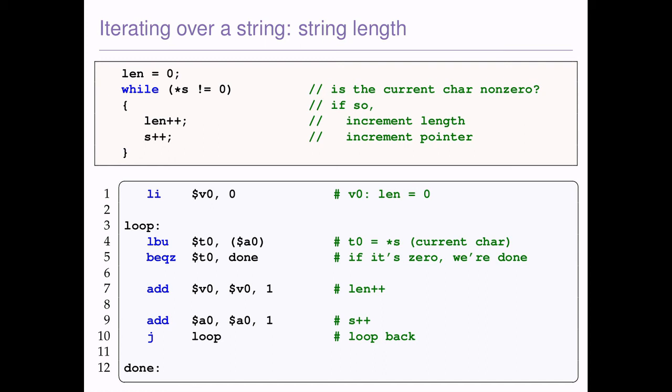That's saying take the value from the address, load it into t0, and then we can say branch if it's equal to 0, because if it's equal to 0 we've reached the null termination at the end of our string, and so we want to jump past everything else. Otherwise, we add into v0, incrementing by 1, and we add into a0, incrementing the address by 1. Because they're bytes, we only need to increment by 1, rather than if they were words, we'd have to increment by 4, and then we jump back to the start.